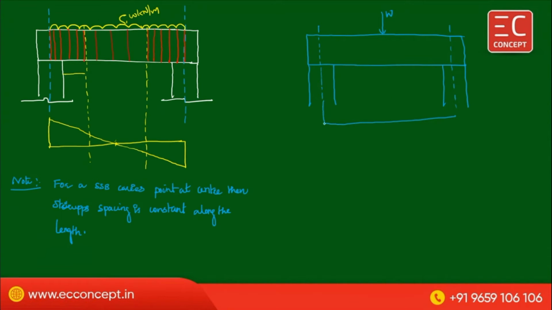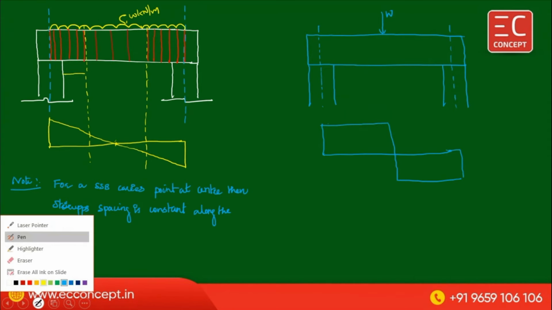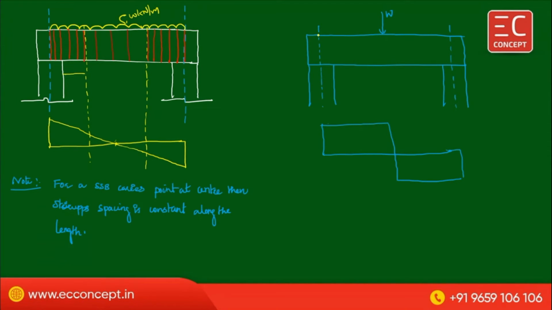The shear force distribution is something like that. This is the shear force that we know, right? Throughout the section, the magnitude of shear force is constant. For that you have to use constant spacing of the stirrups.